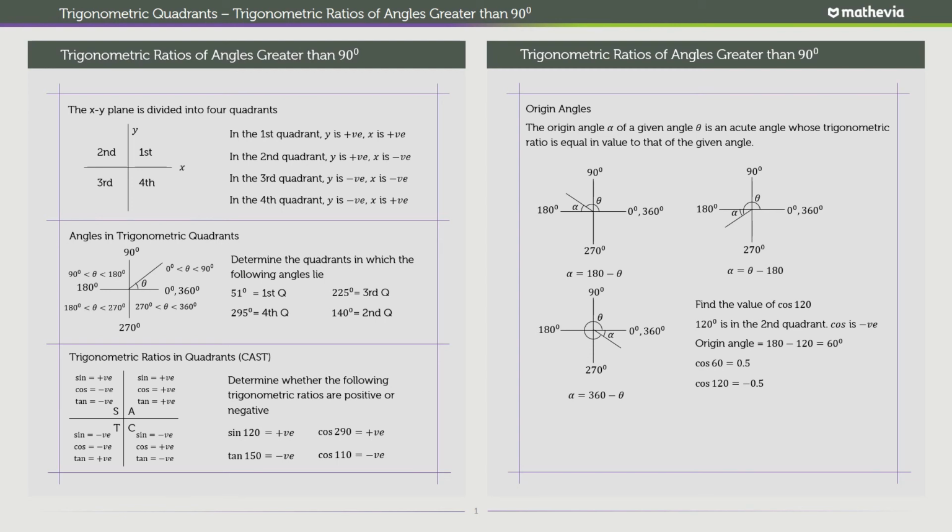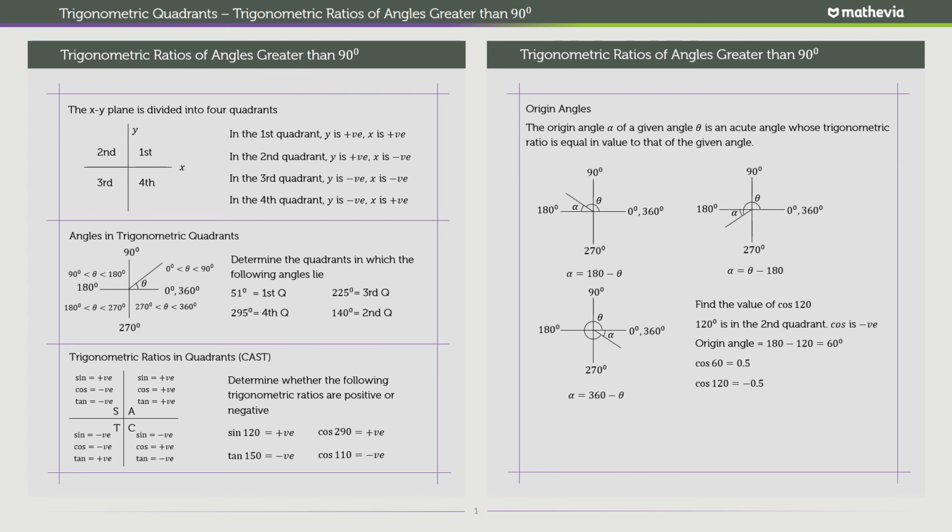Now if you're looking to do the sine of 120, for example, you would also make use of the same origin angle. The sine of 120 and the sine of 60 degrees are always equal in value. Whether that value is positive or negative comes down to your CAST table. In the second quadrant, sine is positive.